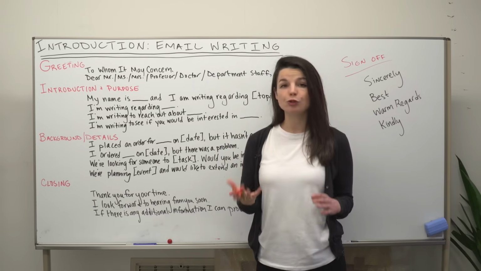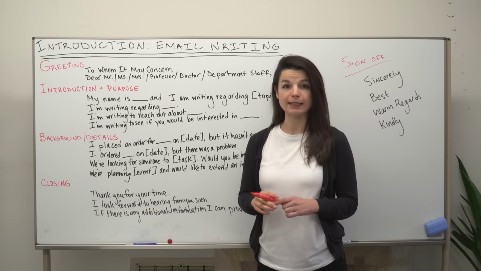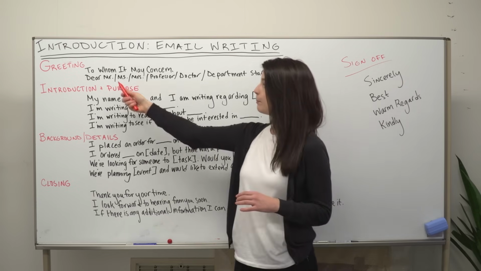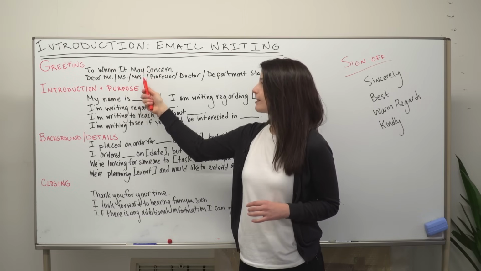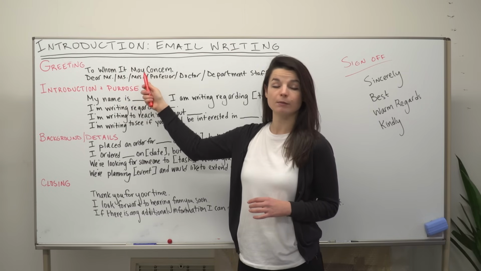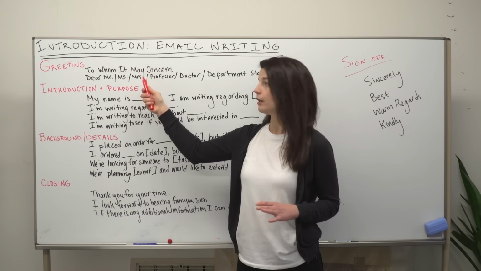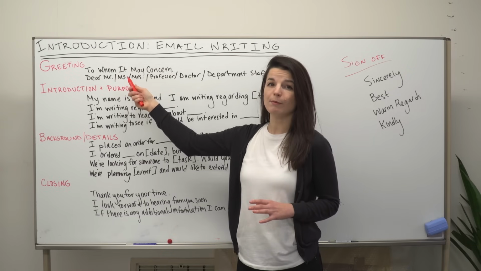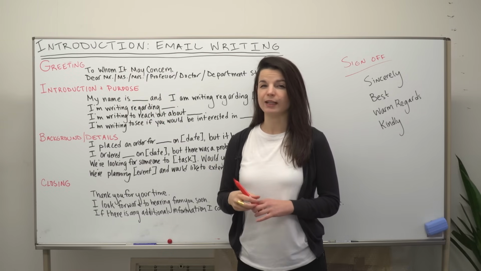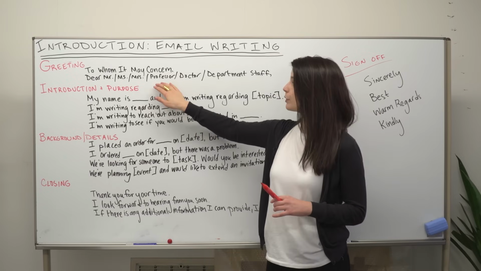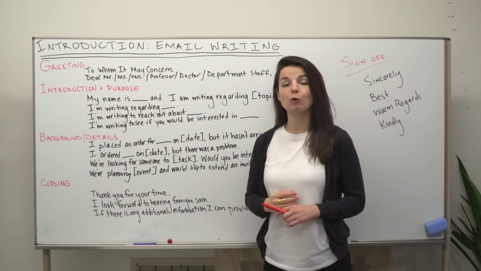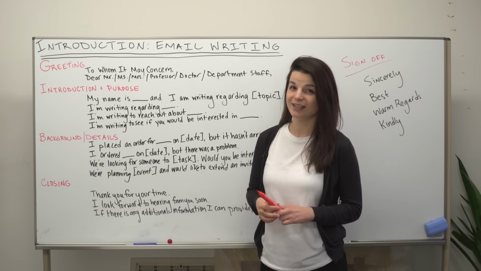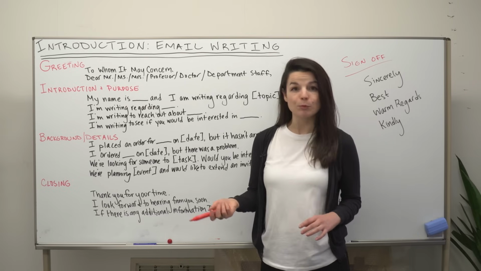If, however, you do know the person you are sending the email to, you can begin with dear, then add Mr., Miss, or Mrs. The difference between Miss and Mrs.: Mrs. is used for married women. Miss is used for unmarried women. If you don't know, is she married, not married, use Miss. Miss is the safer choice. You can also use a title like professor or doctor if you know that the other person is a doctor, has a PhD, is a professor, assistant professor.